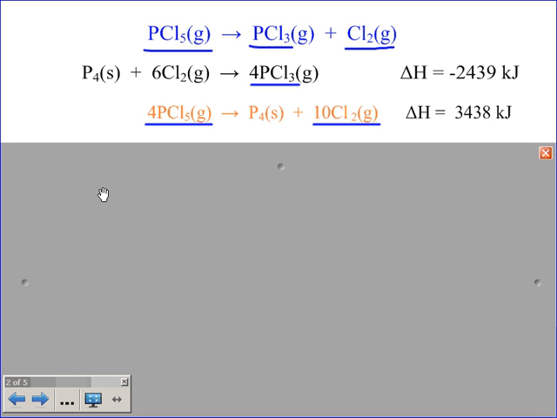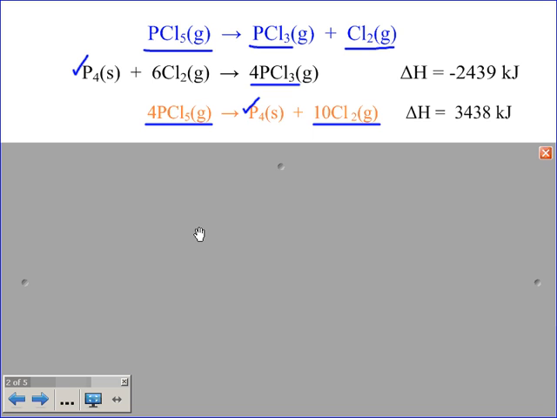What about these things that aren't in our target reaction? P4 solid. This solid phosphorus is not in our target reaction, so it has to disappear. So I want to see that there is some of it on both sides of the arrow. P4 over here, and P4 over here.